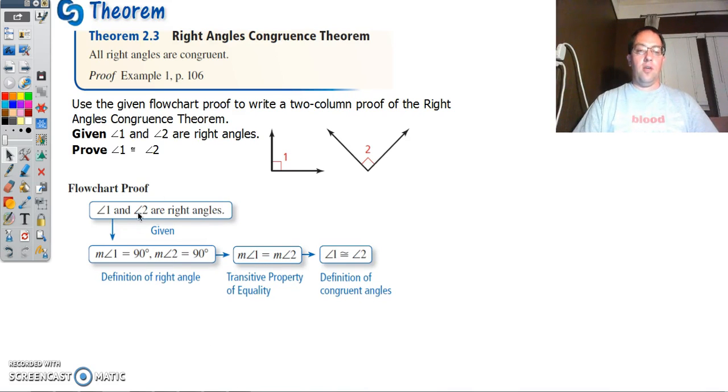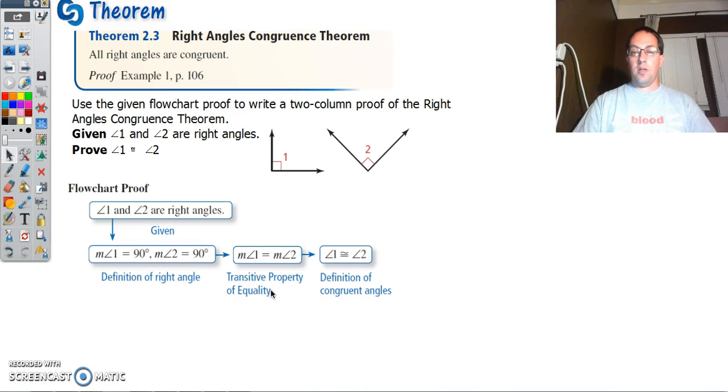Start off with our given. Angle 1 and angle 2 are right angles. So what does that mean? Well, that means that the measure of angle 1 is 90 and the measure of angle 2 is 90 degrees. Definition of right angles, right? Well, if 1 equals 90 and 2 equals 90, we have two angles equal to the same thing, therefore they must equal each other.